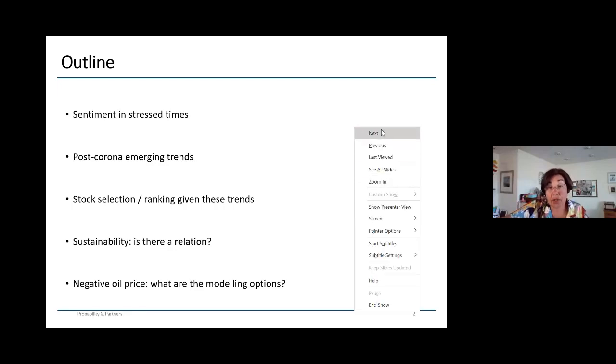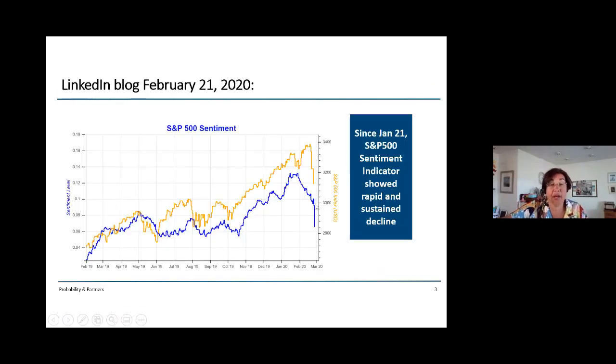Okay, so I will start with something which I actually published on LinkedIn on February 21. We monitor news sentiment related to large cap stock markets, among others sentiment related to S&P 500 firms, and we do it in real time.